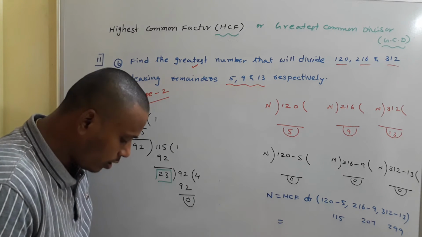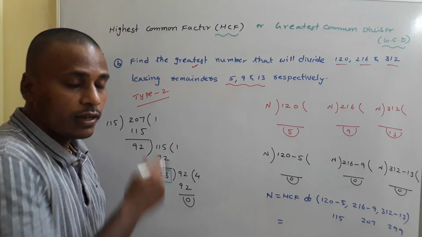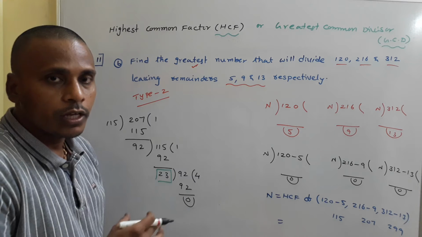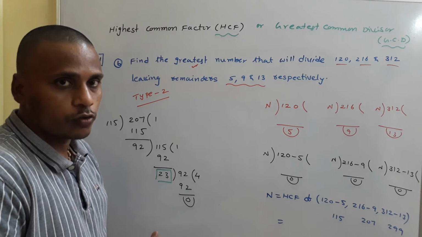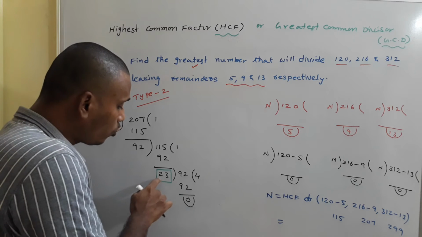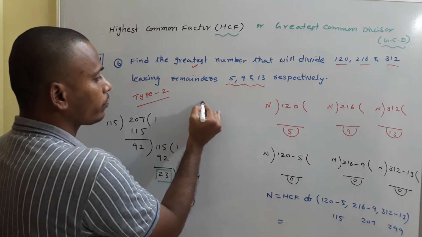What do you say about the third number? Now we need to follow the same procedure with this 23 and 299. So to find the HCF of three numbers, we first find it for two numbers, and then we use this HCF with the third number.